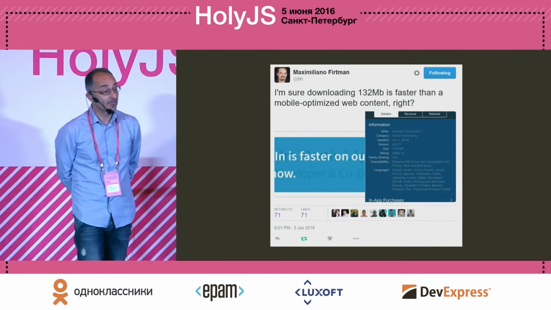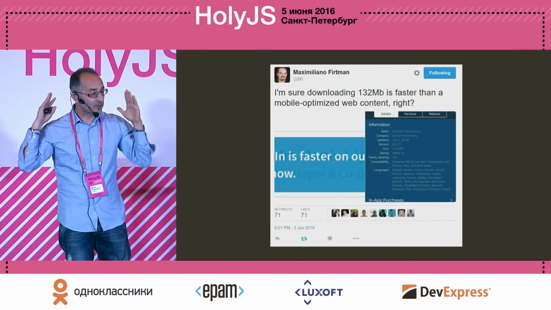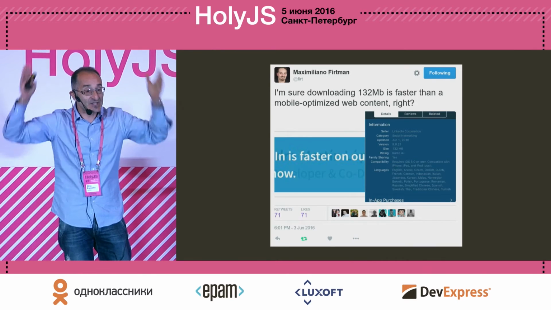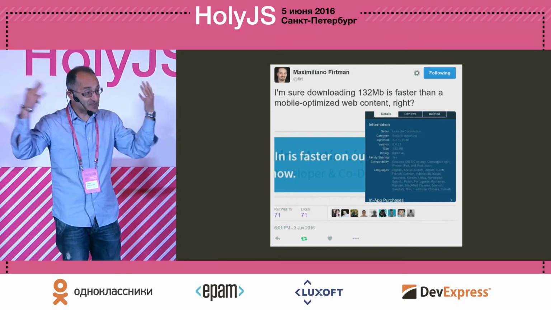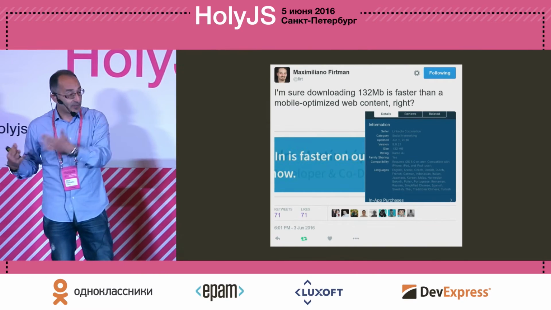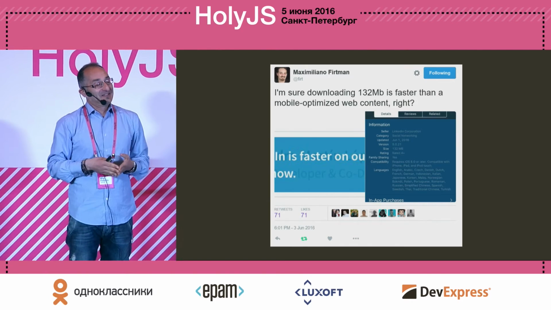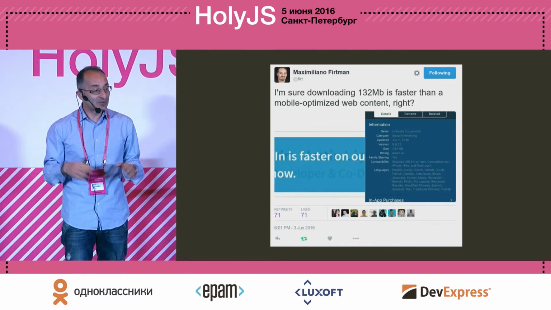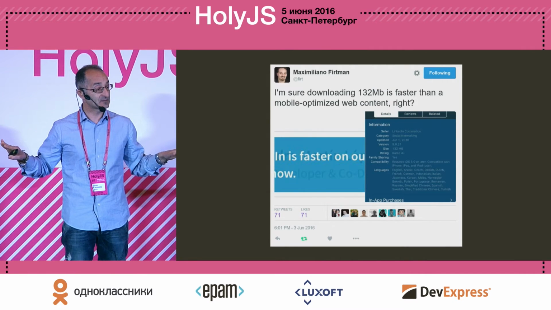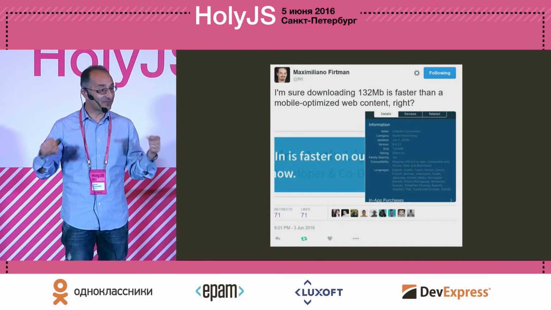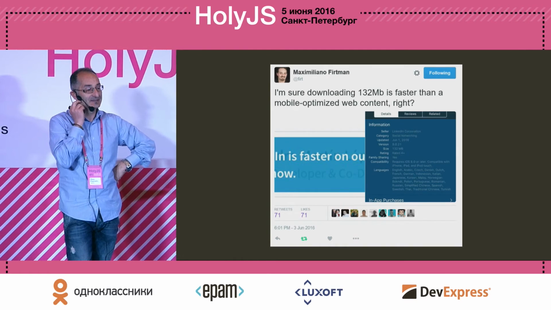That's the point. If you go responsive web design, the amount of information you download, regardless of the device, is always the same. So if you have a very large website, okay, that's really large. But anyway, if you have several megs, you download several megs regardless of the device. And on a small device, you download that huge amount of information just to hide it.